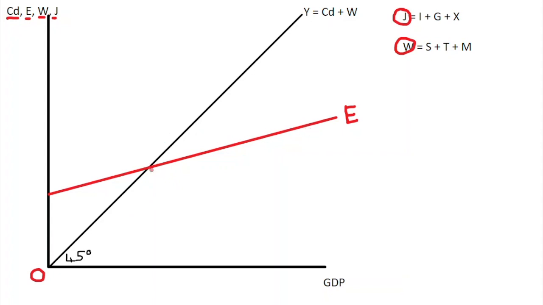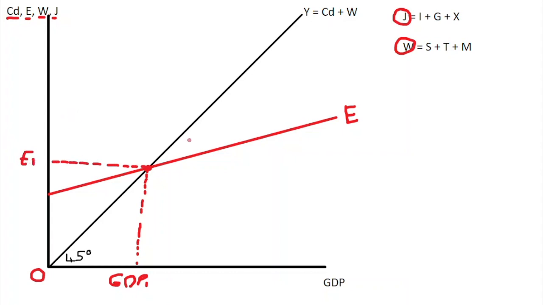Where they intersect with one another is an equilibrium point on this graph here. And what it means is that at this point, the output level, which we measure by GDP down here, so we go GDP1, the output level is exactly equal to spending in the economy. So we have over here our expenditure level, so E1.